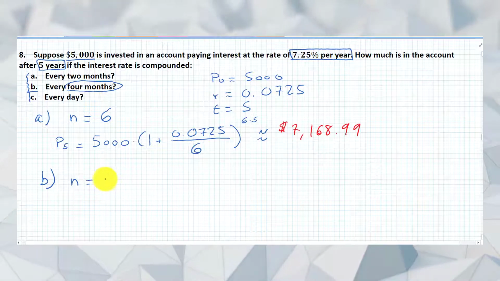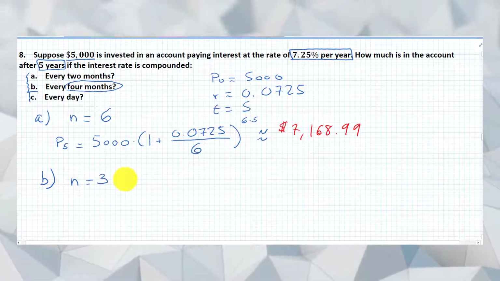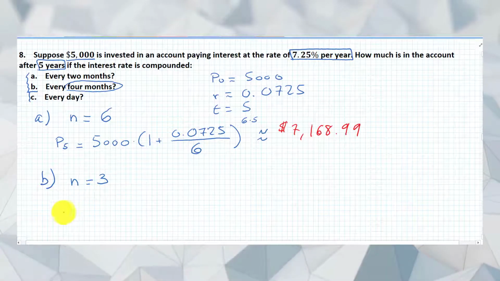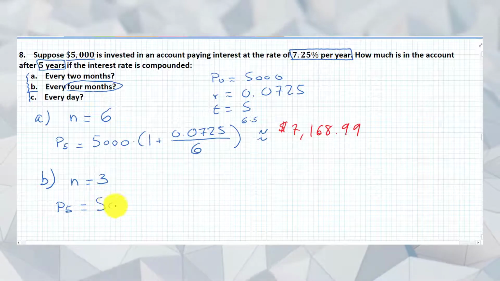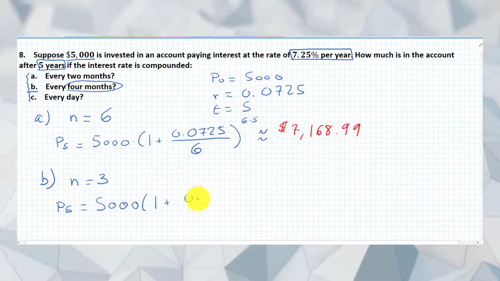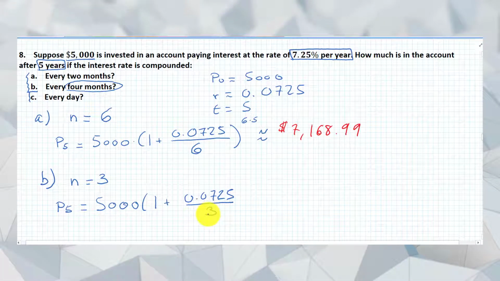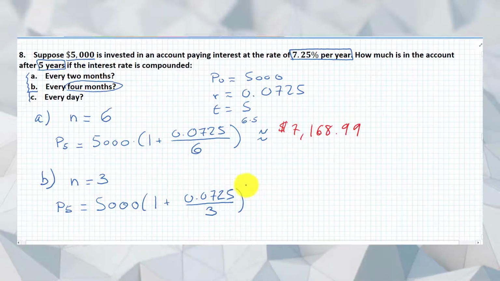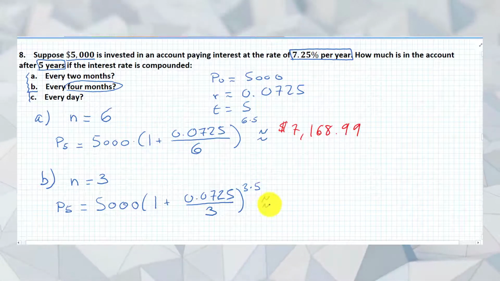Well, you've got 3 four-month periods, right? So n equals 3. There are 3 compounding periods in a year. So the same formula becomes P of 5 is 5,000 times 1 plus 7.25%, but now I have to divide it by 3. There are 3 compounding periods in a year, and in 5 years, there will be 15 compounding periods.